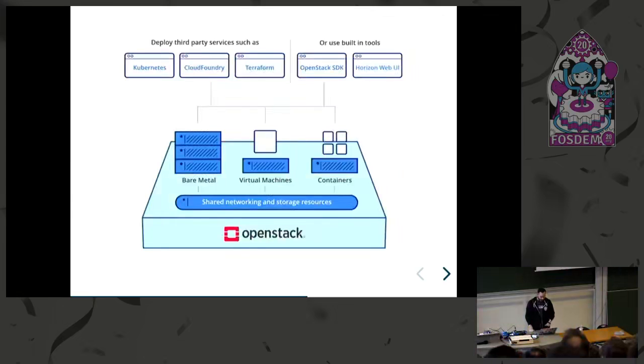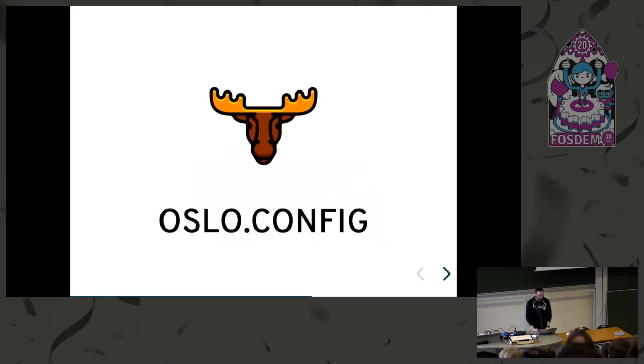Then OpenStack is basically, some people call it a cloud operating system. It handles bare metal nodes, virtual machines, containers, and then on top of it, you can deploy basically anything. It mostly stays in the layer of infrastructure as a service. And OpenStack is separated into lots of projects.